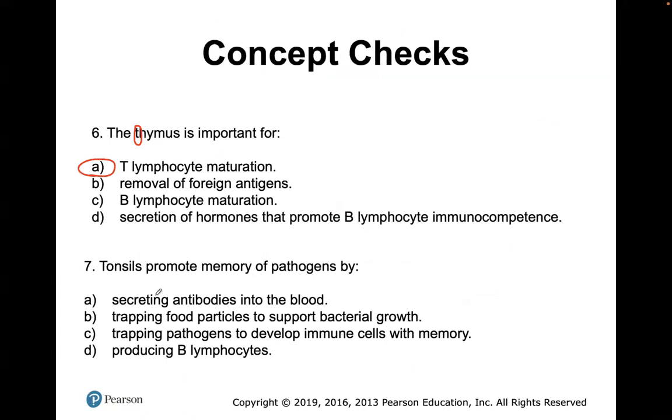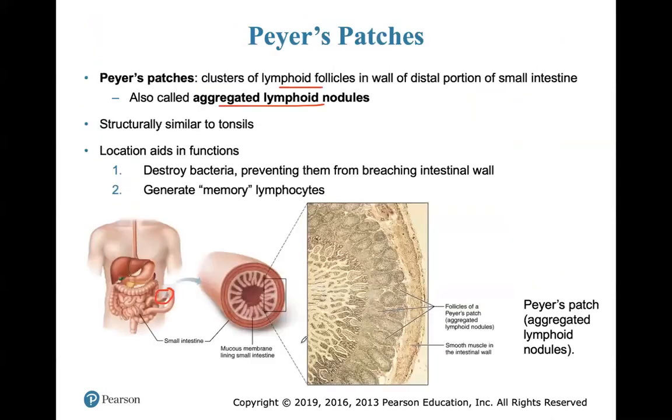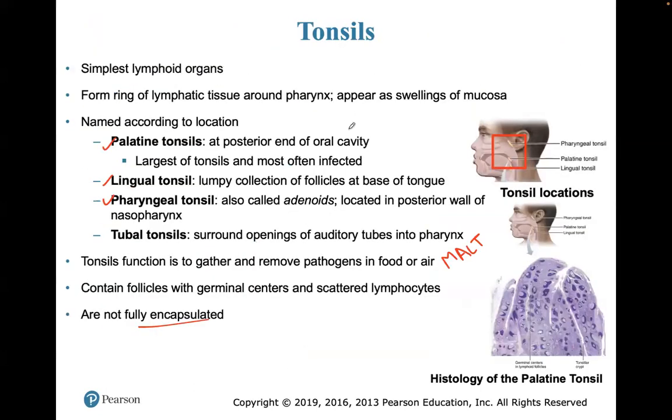Tonsils promote memory of pathogens by, as I told you a little bit before, trapping the pathogens to develop immune cells with memory. They trap these pathogens, like whatever food you are eating or whatever air you are inhaling, because the tonsil is present in the pharynx and nasal cavity area. So if the food you are eating or the air you're breathing has some kind of bacteria, the tonsil can help trap the pathogen, because it is also a site where scattered lymphocytes are present.